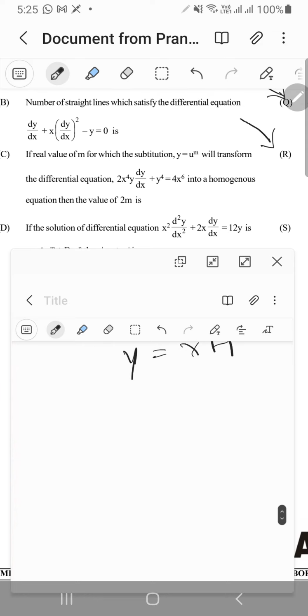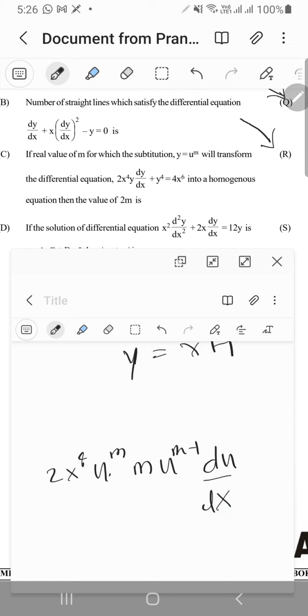Okay, just put y equal to u power m, right? So 2x power 4 u power m, and this would just be times m u power m minus 1 du, right? Yeah, du upon dx, I guess. Okay, cool.